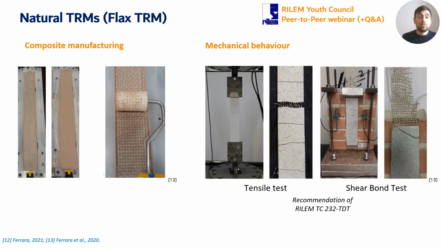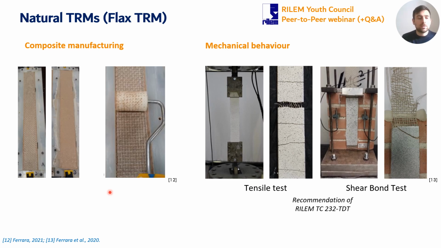The first step to experimentally analyze this material is the composites manufacturing. This is a very crucial phase because in this case we have to try to reproduce on a local scale the behavior that this material will have on a global scale. This is quite difficult, especially due to the flexibility of the textile. That raises a lot of issues and problems once we are applying it within the fresh mortar.